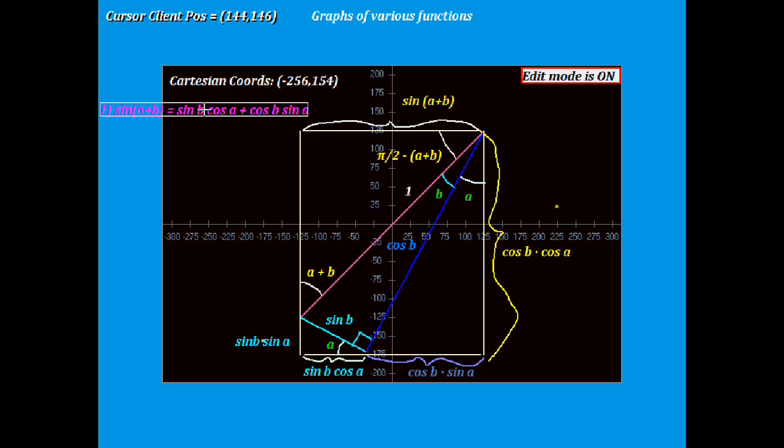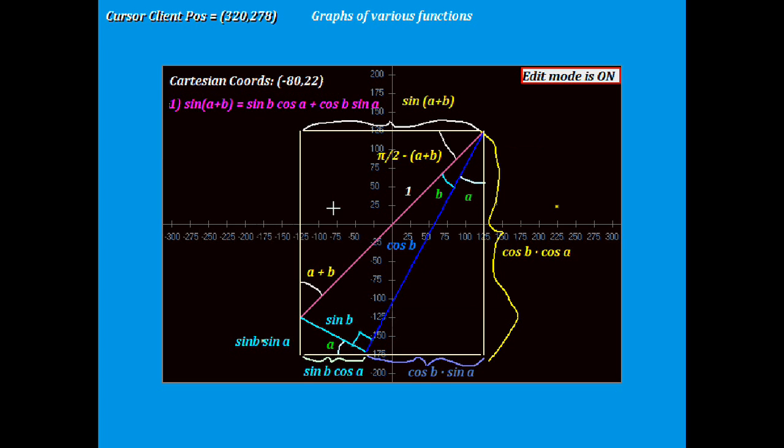Okay, so that's the first term already proved. Now we know this entire length is cos b cos a, and that's equal to this length plus sine b sine a. Well, this length here is the cosine of a plus b.